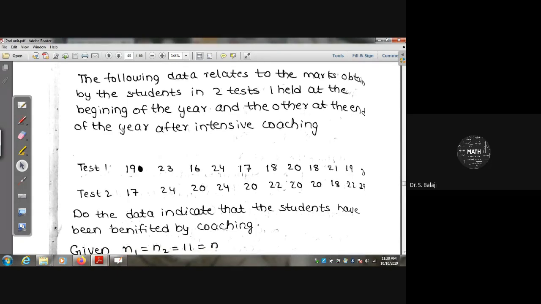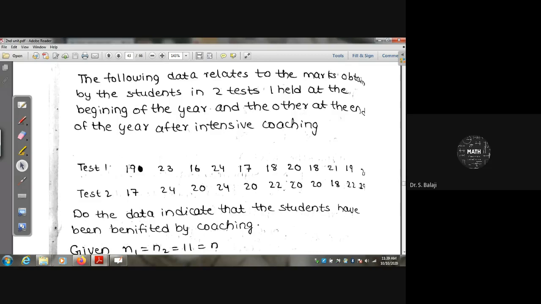The following data relates to the marks obtained by the students in two tests, one held at the beginning of the year and the other at the end of the year after intensive coaching.